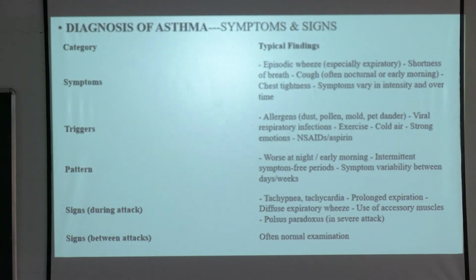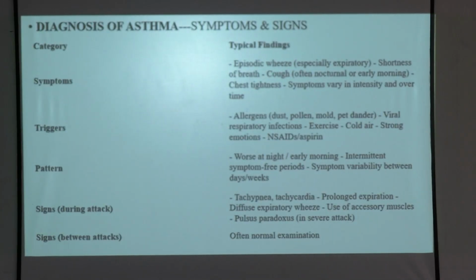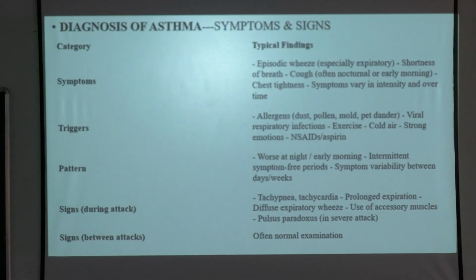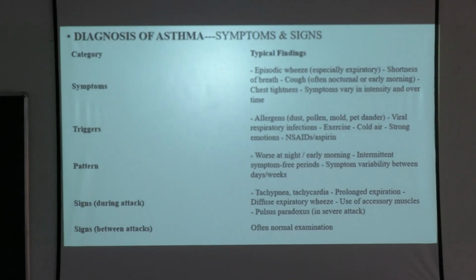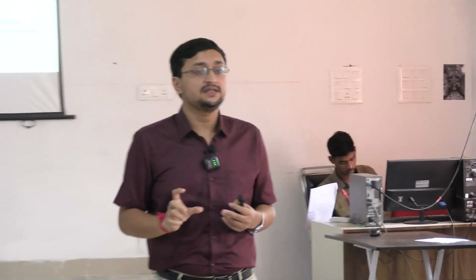This is called diurnal variation. What is that? The patient's shortness of breath or cough increases at night or early morning, whereas at daytime he is less symptomatic. This is called diurnal variation. This is typical of asthma or any eosinophilic or allergic inflammation.